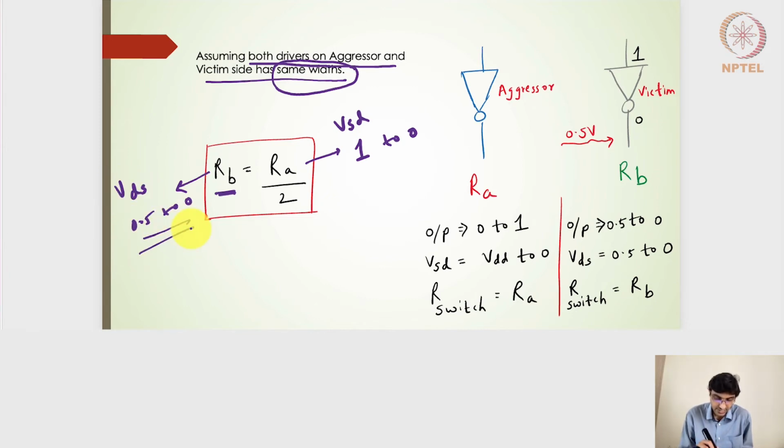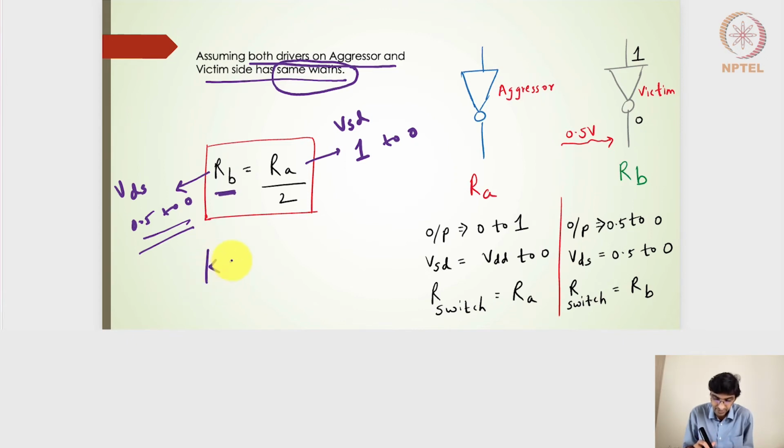So the change in voltage is exactly half from the B side to that of the A side. So we can consider that RB is half of RA, if the widths of both the inverter circuits or driver circuits are the same. So RB is equal to RA by 2 if the widths are the same.